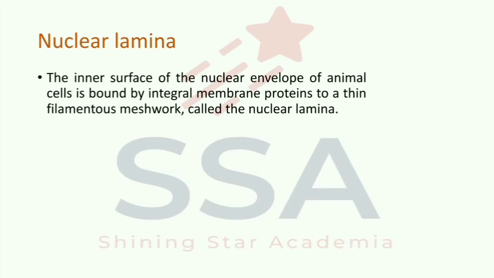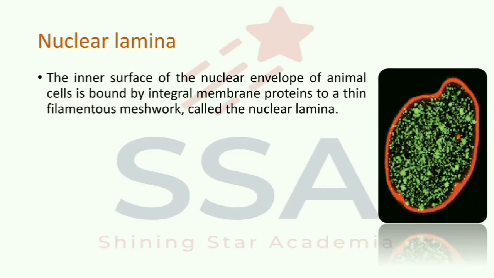The inner surface of the nuclear envelope of animal cells is bound by integral membrane proteins to a thin filamentous meshwork called the nuclear lamina. In the figure, the nucleus has been stained with fluorescently labeled antibodies to reveal the nuclear lamina in red color, which lies on the inner surface of the nuclear envelope, and the nucleoplasm is stained with green color.